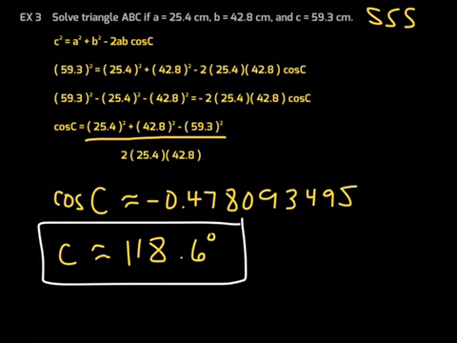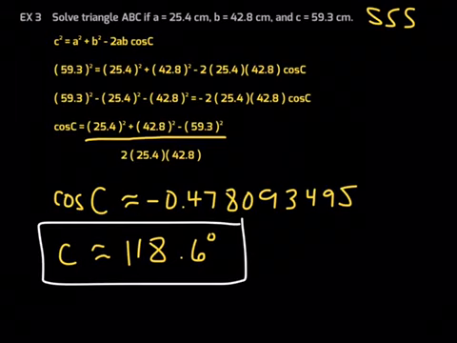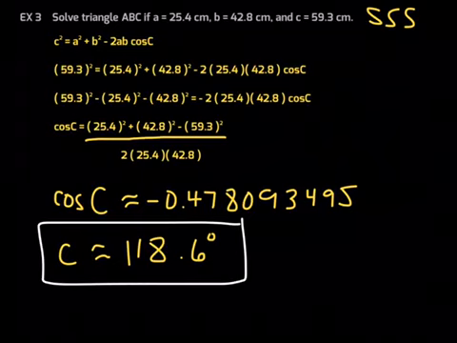Now what I need are the other two angles. What I can do is use the law of sines to find another angle. We found the largest angle first. Let's find the medium size angle next, which would be angle B, using the law of sines.